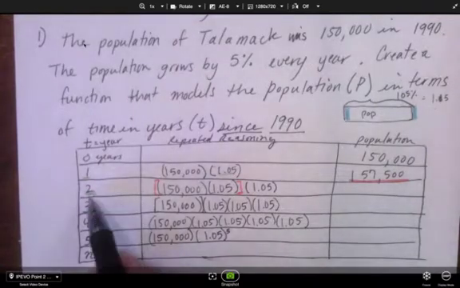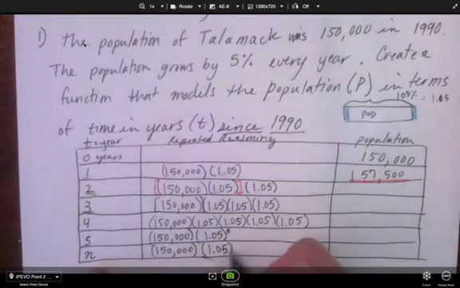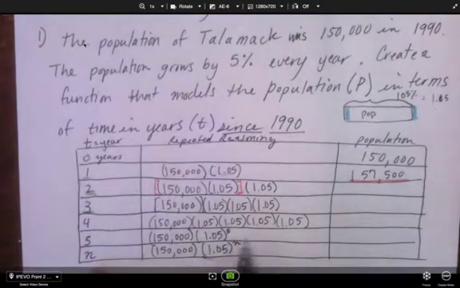So once we've noticed this pattern, we can say that at any point in time, we're going to have 150,000, and the number of 1.05s that multiply our 150,000 is equal to the number of years that it's been. So we're going to say that this number and this number are always going to match.